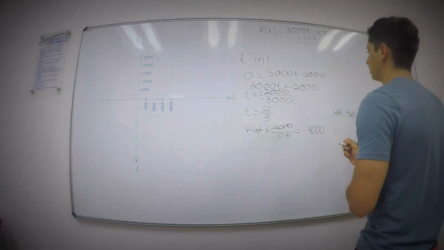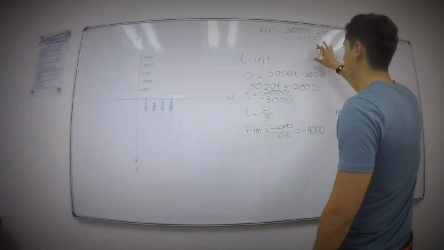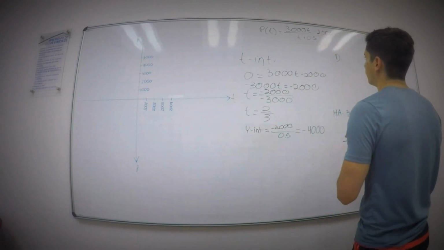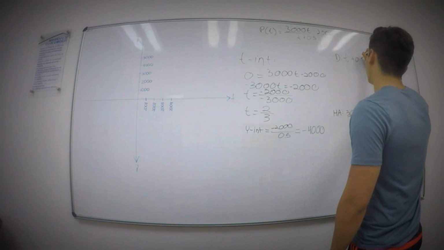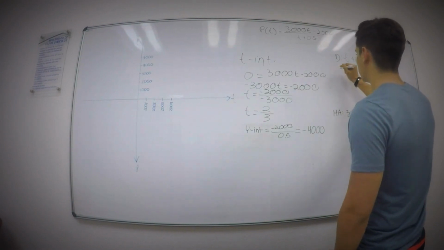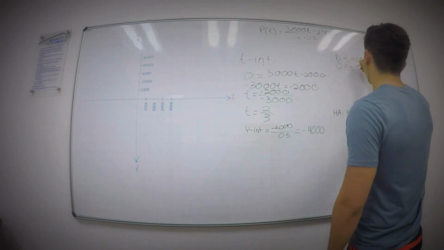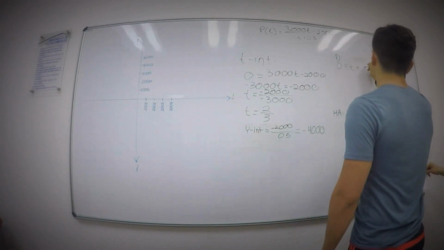Then we're going to get the domain. To get the domain, we use the lower part, or the divisor, of this equation, t plus 0.5, and make it equal to 0. So 0 equals t plus 0.5.